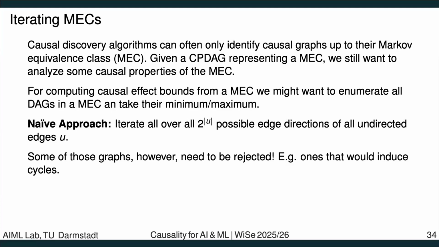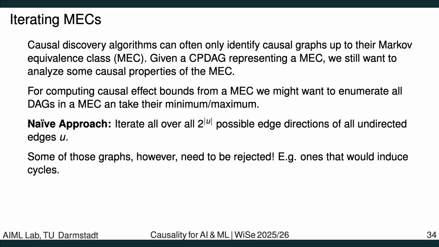So what we can do is iterate over all the DAGs that are in a CPDAG and compute our causal effects for all of them. Then we take the maximum and minimum value that we observe to get a bound: the best and worst possible causal effect, in a sense.